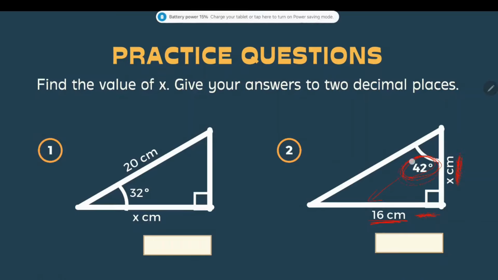So if 42 is pointing this way, remember, the side that the angle's pointing at is opposite, and the side next to the angle, other than the hypotenuse, is the adjacent. And that's all excluding this 90-degree angle. Keep that in mind. Find the appropriate formula, and then we'll continue the following question.